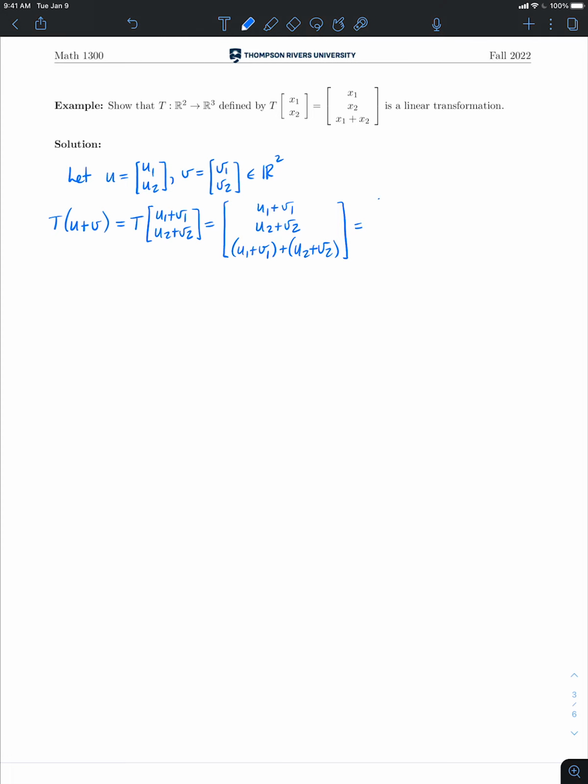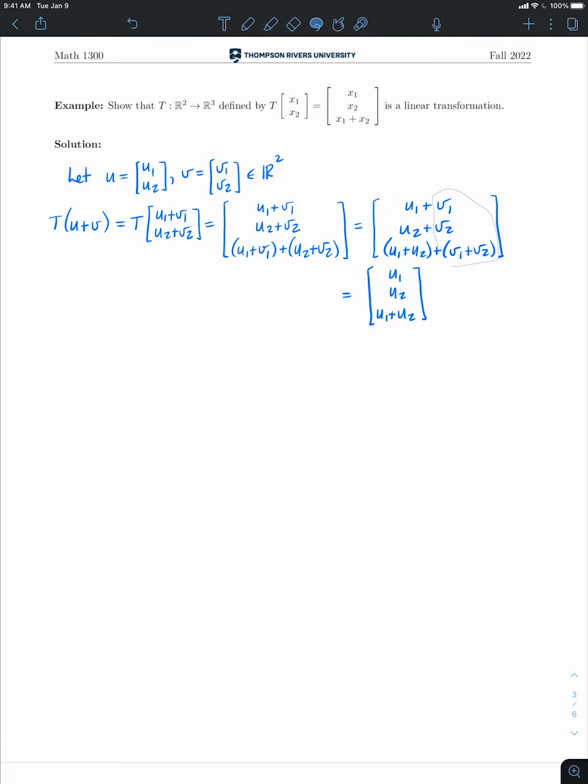Now I'm going to reorganize the terms and get ready to decompose this. I don't need to do much for the first and second coordinates because they're already about as organized as they're going to get. For the third coordinate, I can get the u's together. I can write this as u1 plus u2 plus v1 plus v2. And now I'm ready to split this up nicely. I can write this as u1, u2, u1 plus u2. That's taking care of all of this material here.